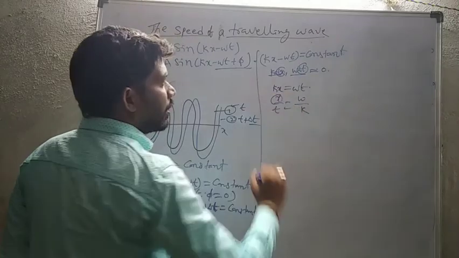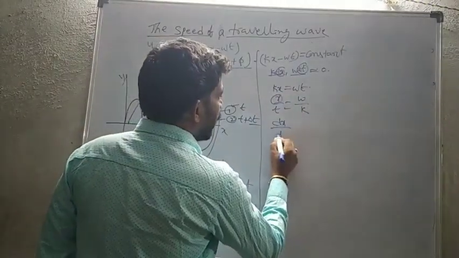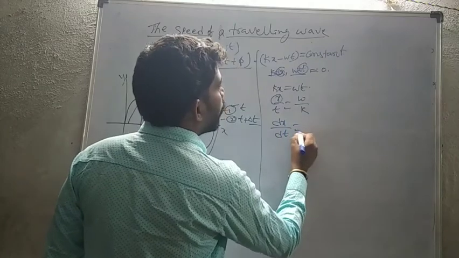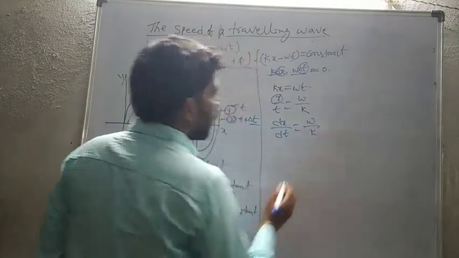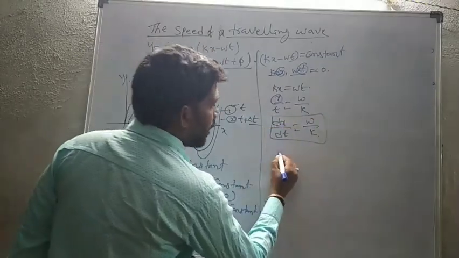We write this in variable form: delta x by delta t equal to omega by k. But delta x by delta t we write as v.